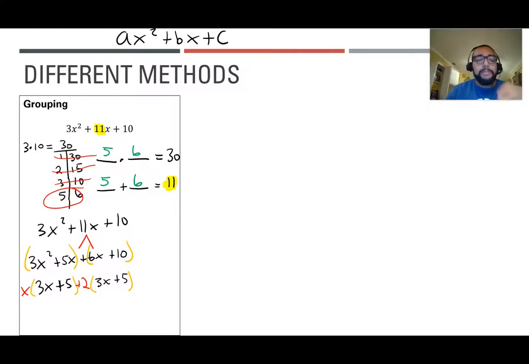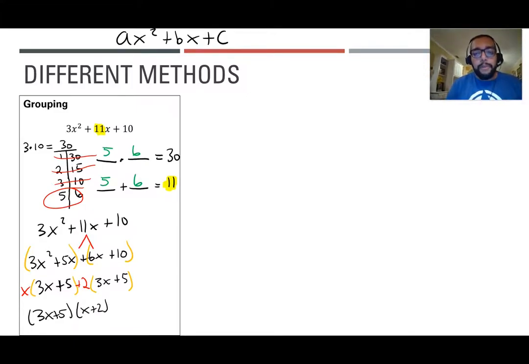Hang in there, we're almost done. What do you notice about this last line I wrote? The stuff inside the parentheses is the same. So what I'm going to do is write the stuff that's inside the parentheses and then write everything that is left over.